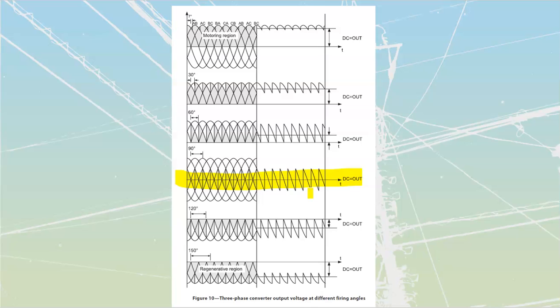Therefore, it gives me an average value of 0 for my DC output. If I then change my firing angle all the way to 120 degrees, fire this thing really late, then I'm going to be going into the negative region off of these ones. And if I go even further, past that 120, I'm at 150, I'm going to be able to go to a negative value that's completely in the opposite direction.